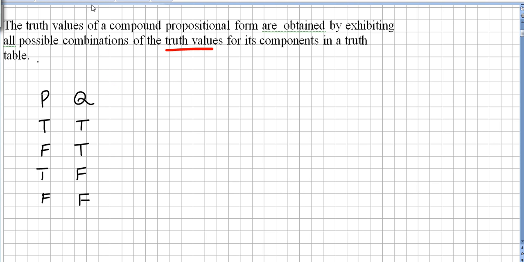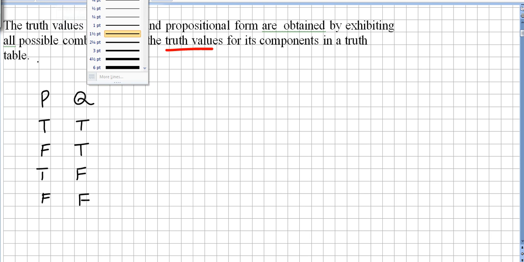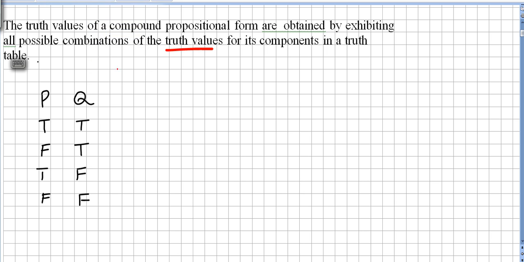Let us take the table for P and Q. So this is the AND, right? True, true, they are both true, so this one is true.